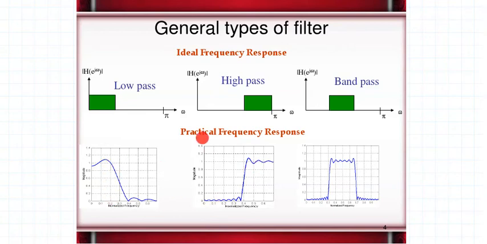This is how we get a practical frequency response. Now our aim is how we could make these practical responses much better suited to a certain application, and how to design such digital filters.